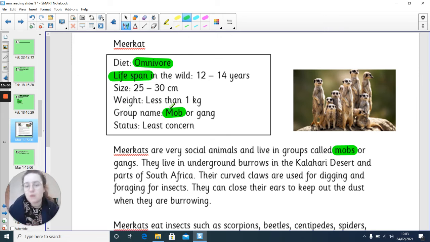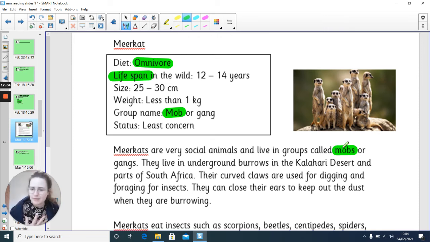So maybe the word mob is something to do with a group of meerkats. Let's read the sentence too to check whether that would make sense. Meerkats are very social animals and they live in groups. So they have a home in groups called mobs or gangs. Brilliant. So where they live, their home is in a group called a mob.